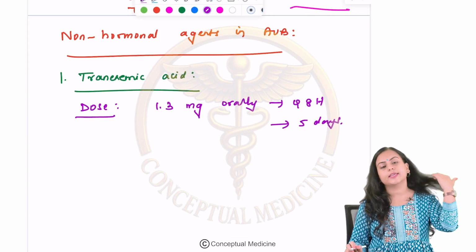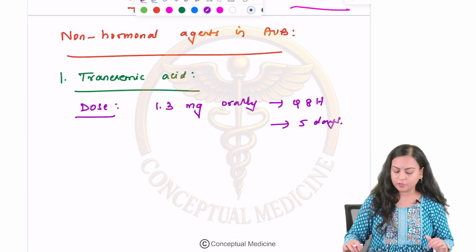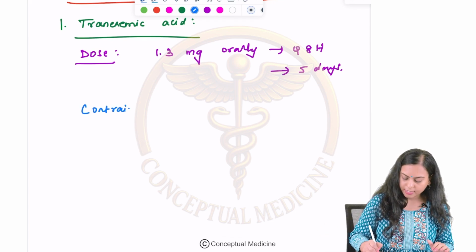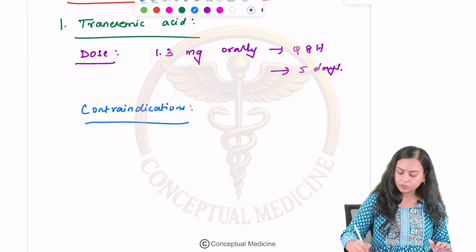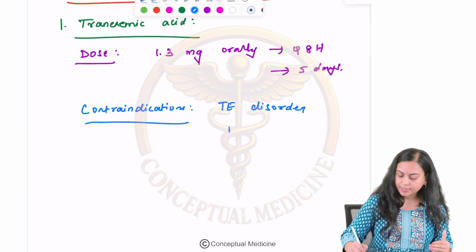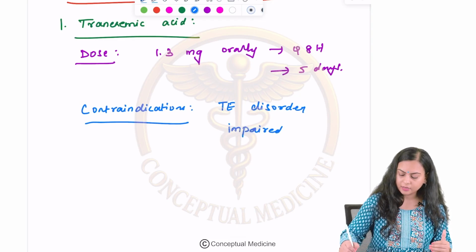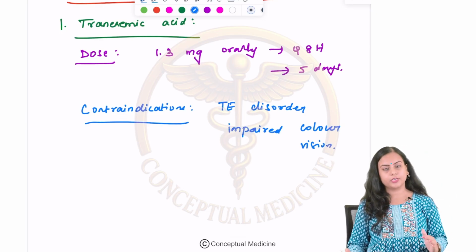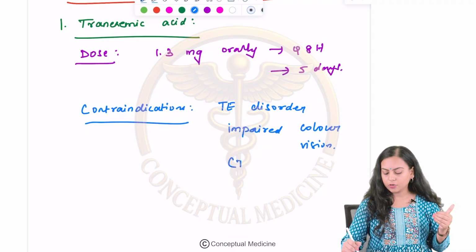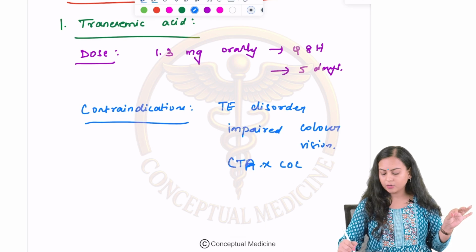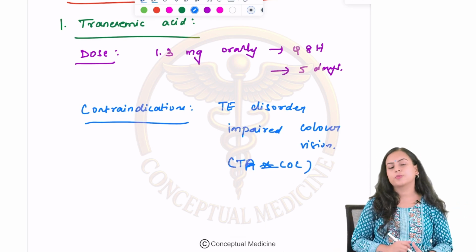Okay, it is usually given in ovulatory women with AUB. So what are the contraindications? Contraindications of tranexamic acid include if she has a history of thromboembolic disorder and there is impaired color vision. And remember, tranexamic acid should not be combined with combined oral contraceptive pills. This combination also should be avoided.